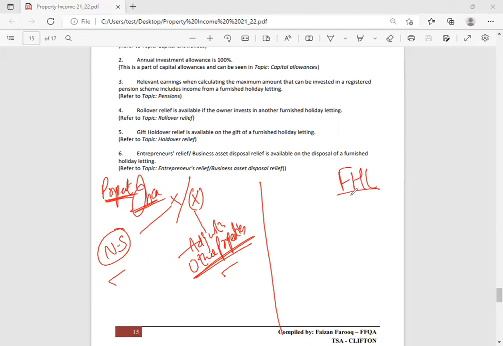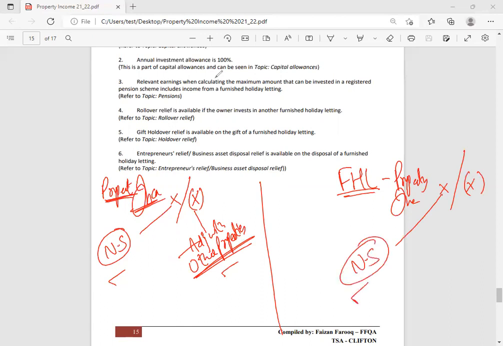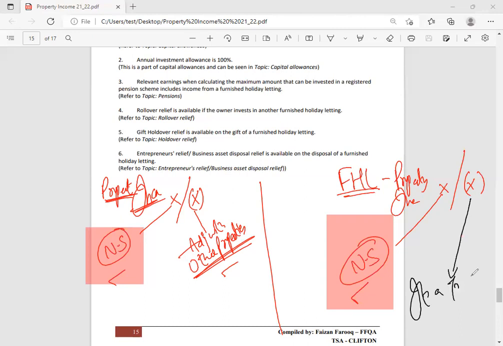If it is FHL property, income or loss, if it is income, it will go to non-savings, the same, no difference. But if it is a loss, it's a trading loss. That means you are not allowed to adjust it with other property incomes.